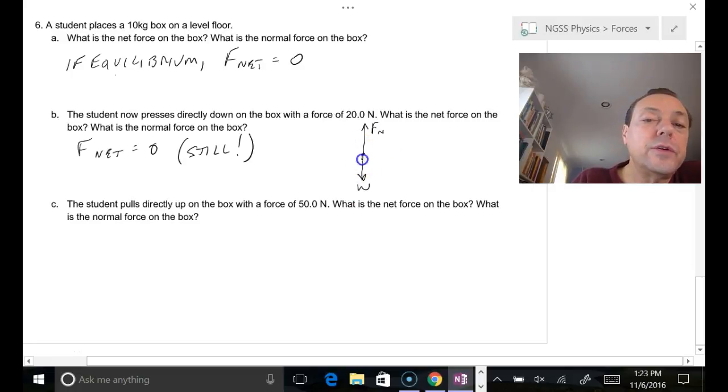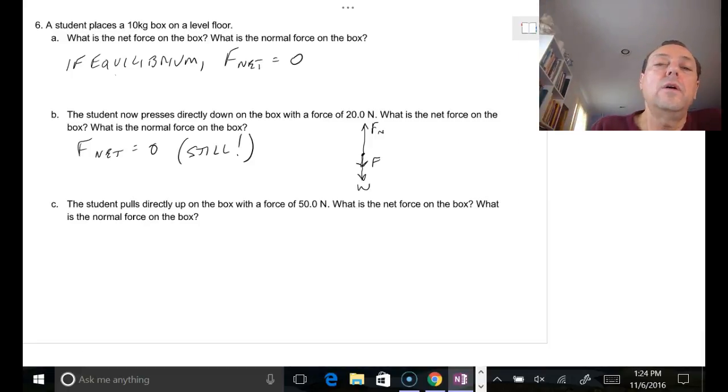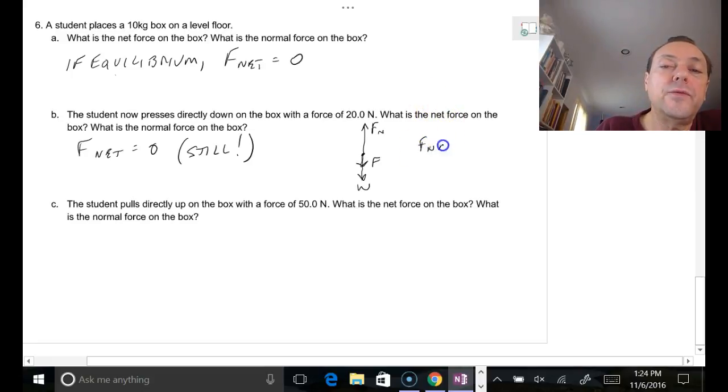And there's also an applied force of you pushing down on the box. So knowing that the net force is equal to 0, I'm going to add all the forces acting on the box.